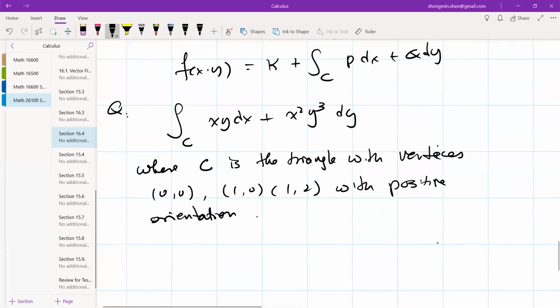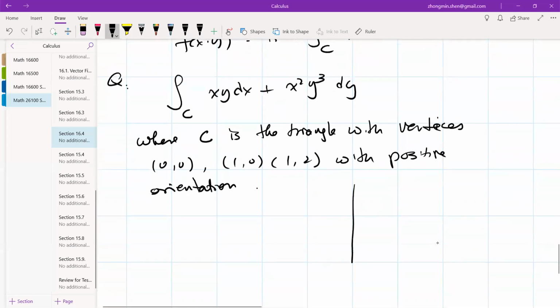Positive orientation means counterclockwise, as this is (0,0), and then (1,0), and then (1,2). So it's going like that.